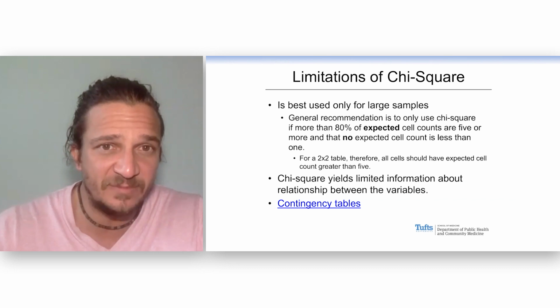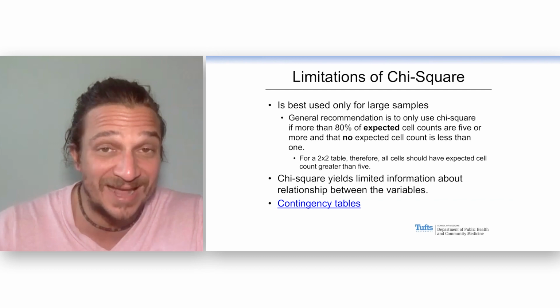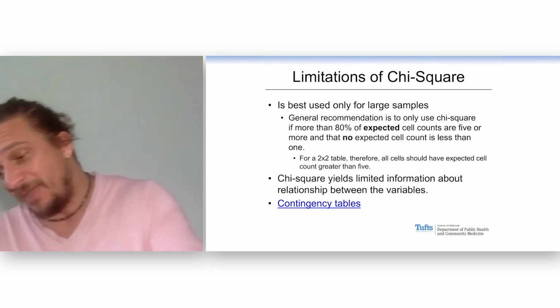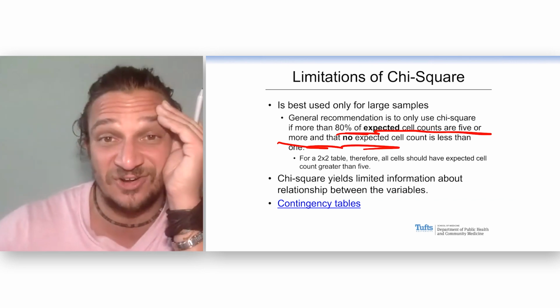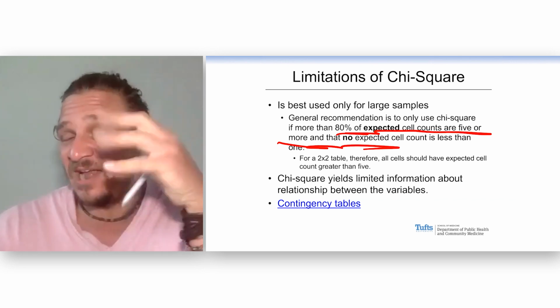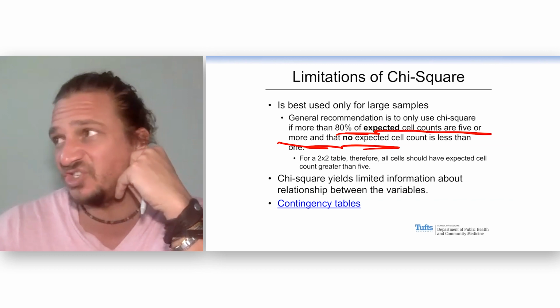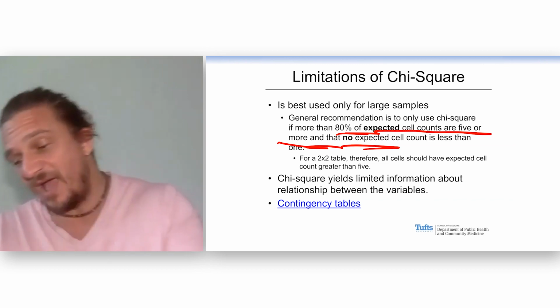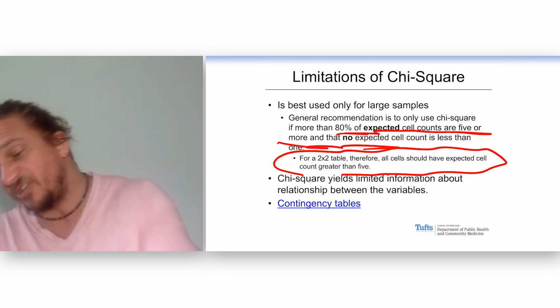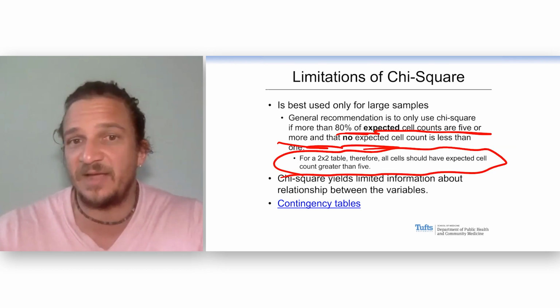Now, like any test, there are some assumptions and there are some limitations. For chi-square, you have to be careful when you have small expected cell counts, and the general rule is that if 80% of your expected cell counts are less than 5, the test kind of breaks down a little bit. This is not a strict rule. This is just a guideline. But be careful when you have expected cell counts that are small. Not observed, but expected.